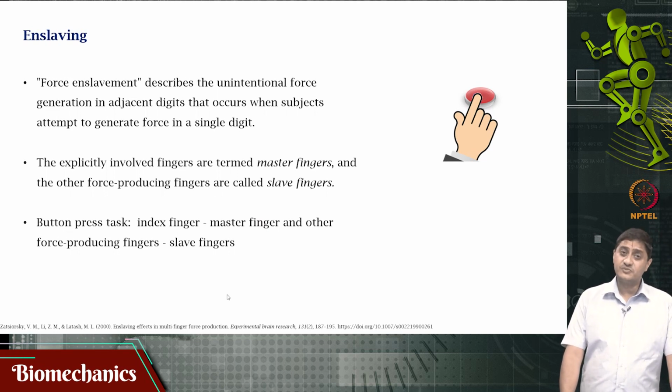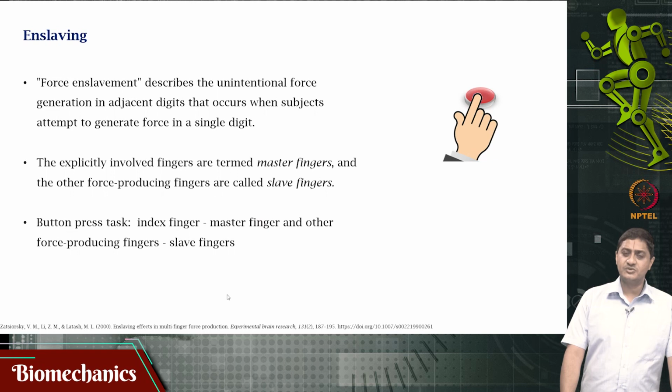Also, force produced by one finger is affected by the other fingers' forces. These are two different things. If the index finger is producing a force, it is affecting the force produced by middle, ring and little fingers.